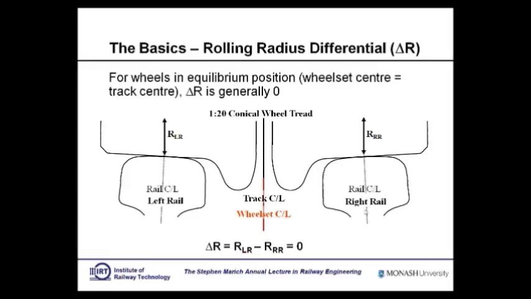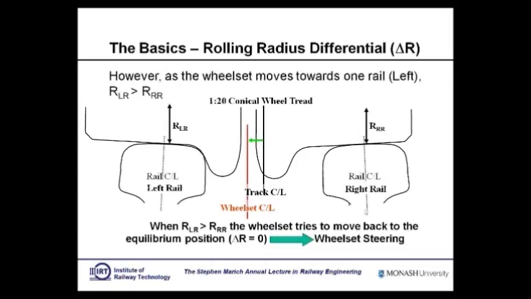There's your equilibrium point. Wheel sets love equilibrium. So do I, actually, but sometimes you can't get it. Again, in reality, what happens in track is that the wheel set moves towards one side of the track, or the other side.